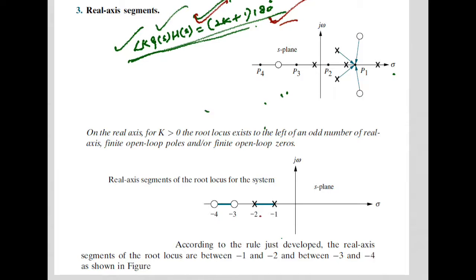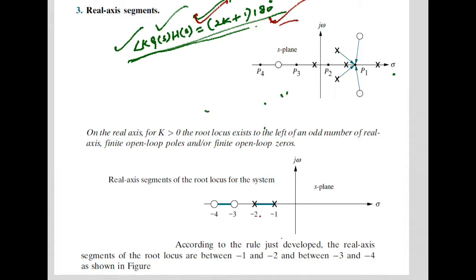So if the point of observation is there, and on the left side of the point of observation we have an odd number of poles and zeros, then in that case the root locus exists.